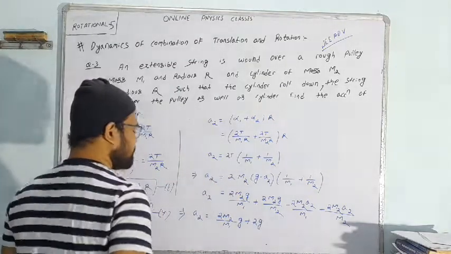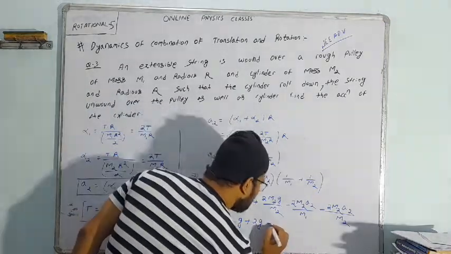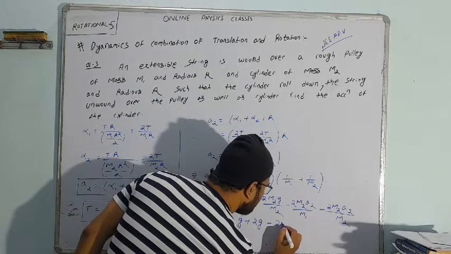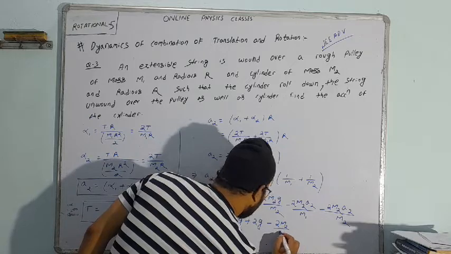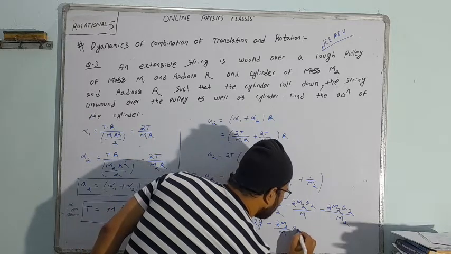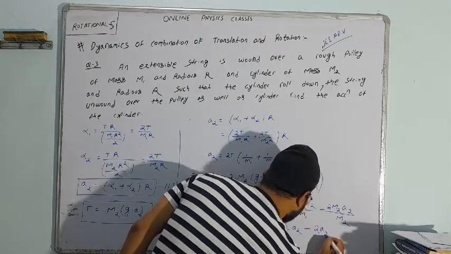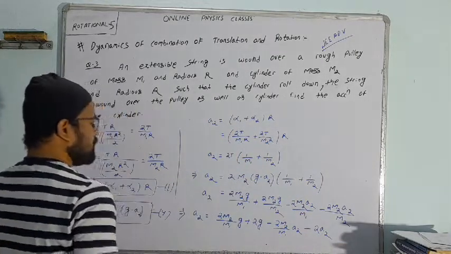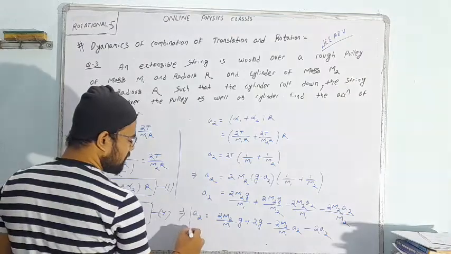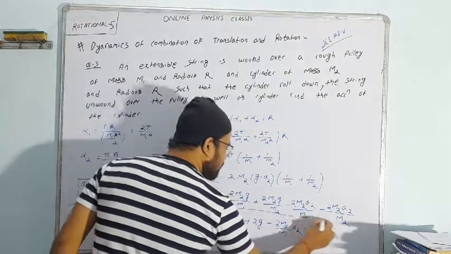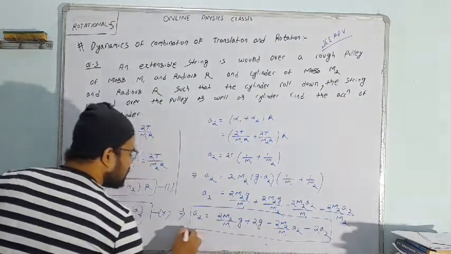Similarly in this equation we get 2m2 by m1 a2, and for this equation this is 2a2. Now this is the final equation, and if you solve it you get the value of a2.